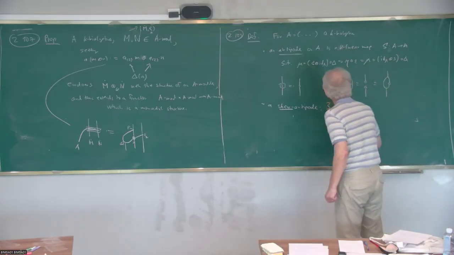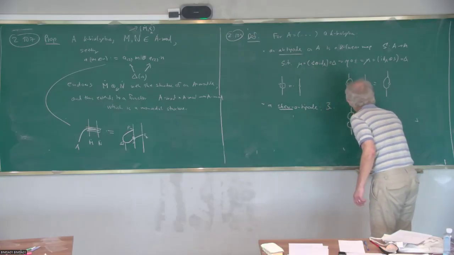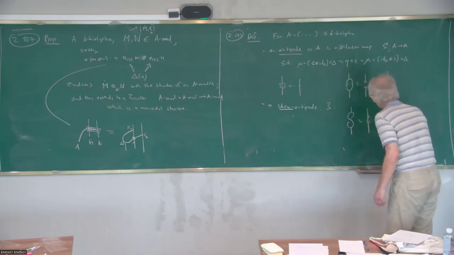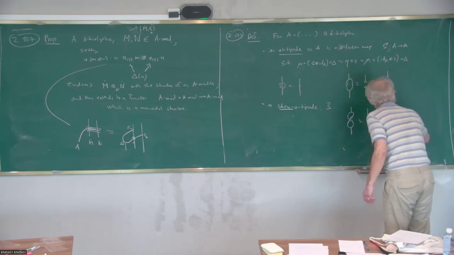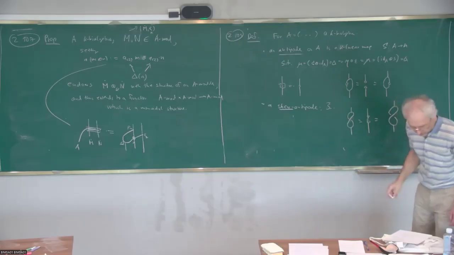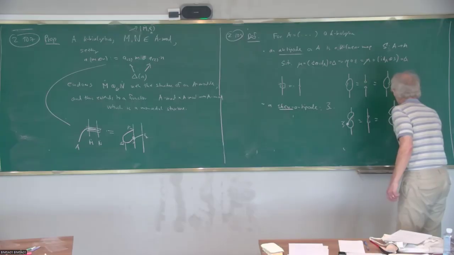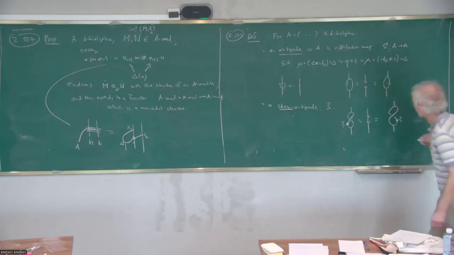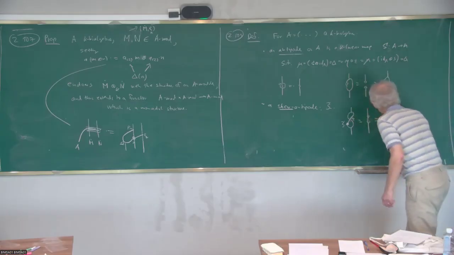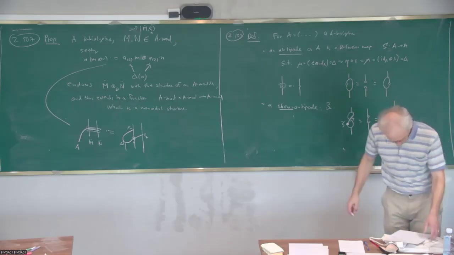I call it S tilde, and I only draw it: if I put S tilde on one side, on the other side, then I have this identity. This is defined like the antipode.